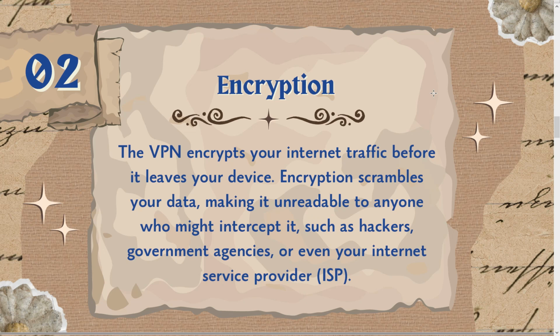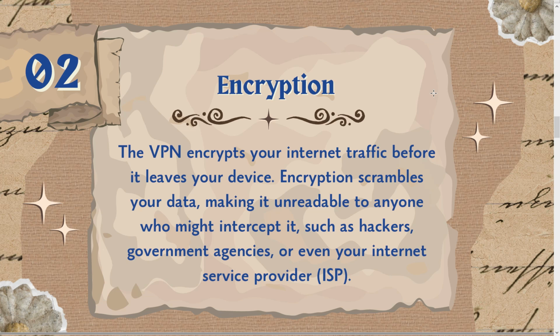So we have talked about encryption. The VPN will encrypt your internet traffic before it leaves your device. That's the software that you're installing on your laptop or phone. It will encrypt your traffic, scrambling your data and making it unreadable to anyone who might intercept it, such as hackers, government agencies, or even your internet service provider.